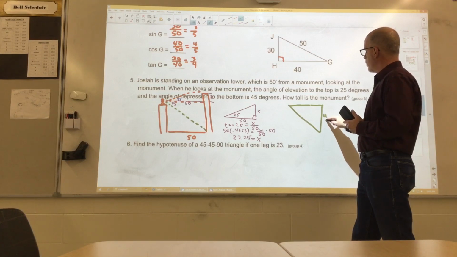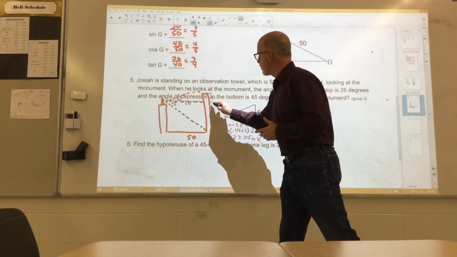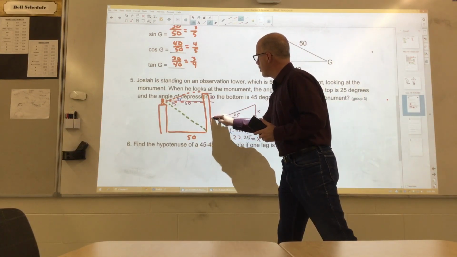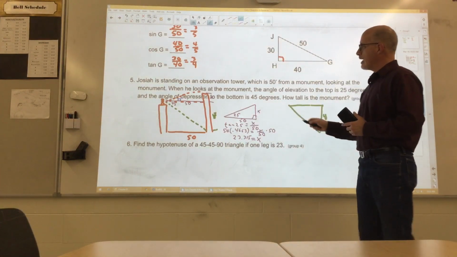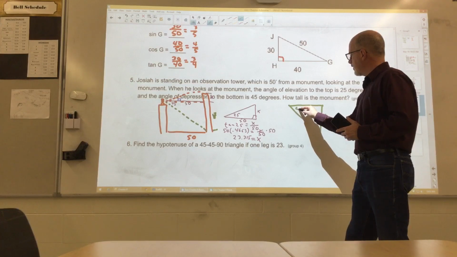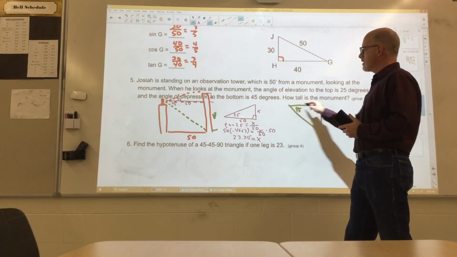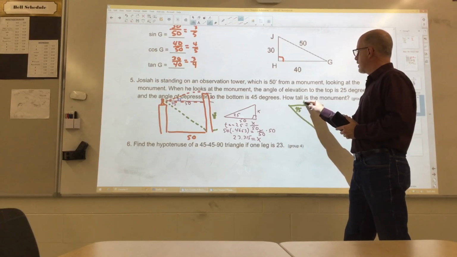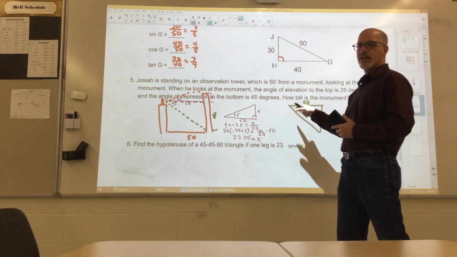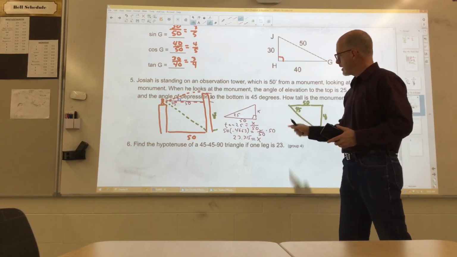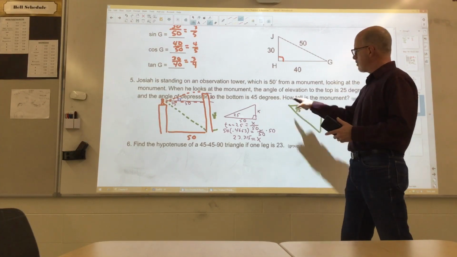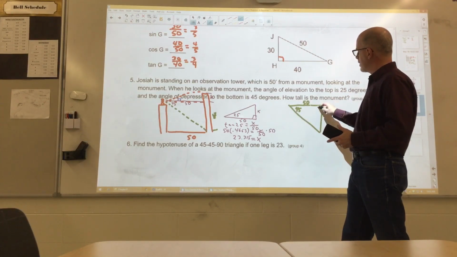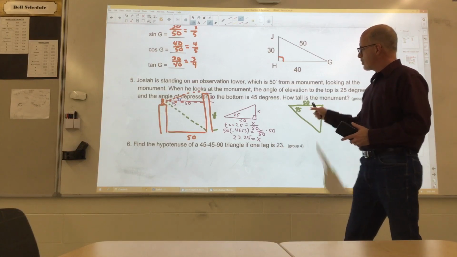I'm going to call it Y. So this from here down to here, I'll call Y. So Y there, this angle is 45, and this side up here is 50. Notice I can use this angle in this angle of depression problem because I'm not dealing with it at the bottom. I could set it up down there too, but this is the actual triangle I'm dealing with in this problem. So let's set that up.